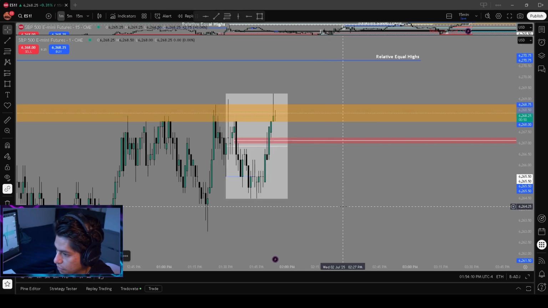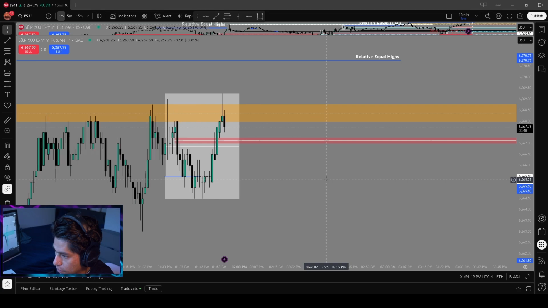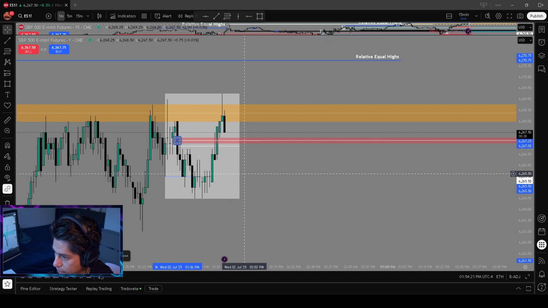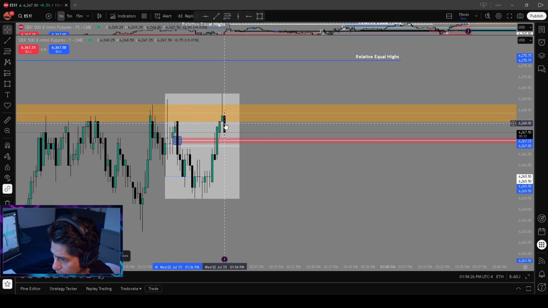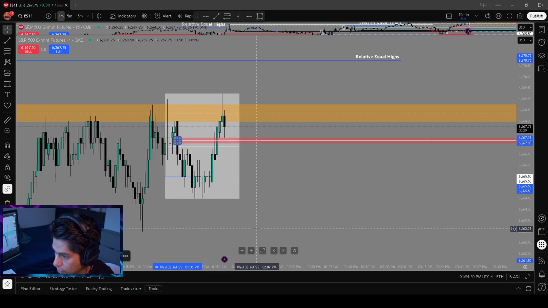We'll see if we want to use this as an inversion fair value gap. Now here, what I would want to see is this. Normally, if this were to work, what I would have wanted to see is it touch price and then go lower.